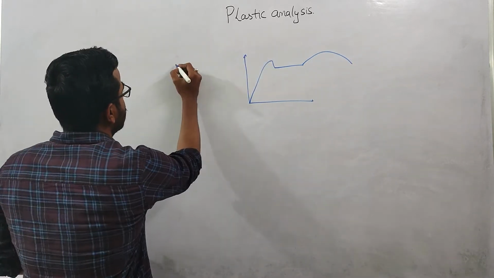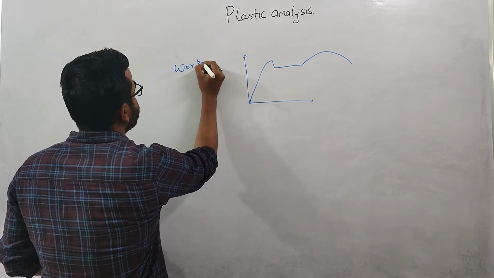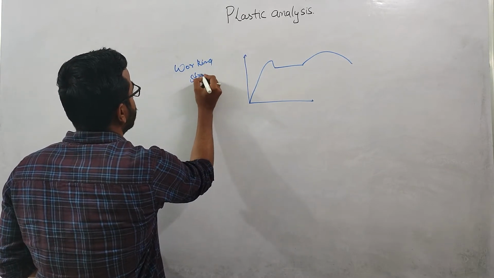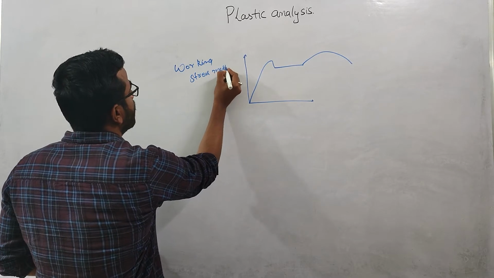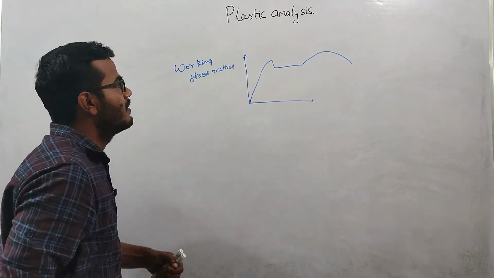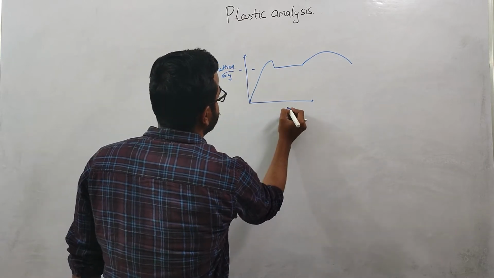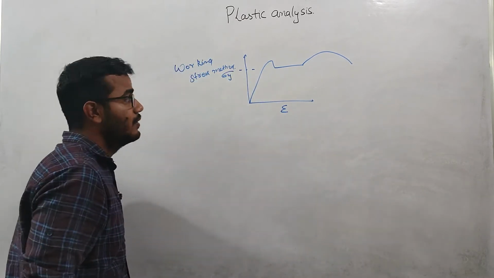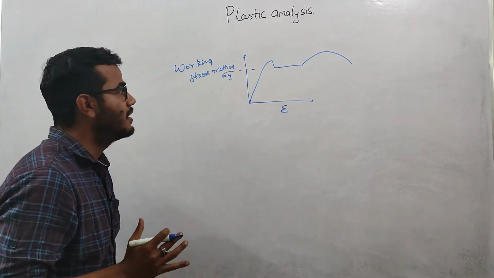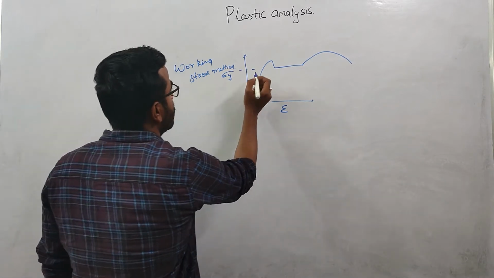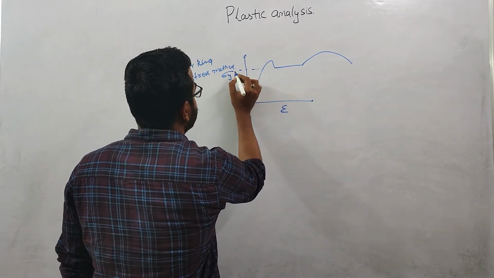So in the working stress method, let us suppose this is our yield point, sigma y, and this is epsilon, which is strain. In the working stress method, we never allow our structures to reach this sigma y value.